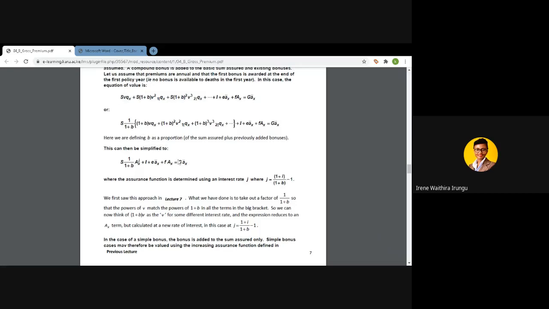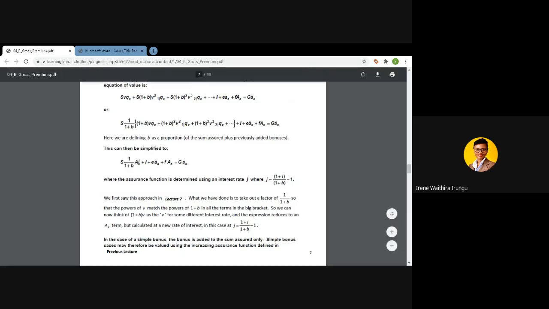So if I wanted to determine the exact new rate of interest at which I'll be computing this assurance benefit, I will simply make j the subject, which is going to be given by this expression. So I will be able to express my new j rate in terms of the interest rate and the bonus rate using this equation.